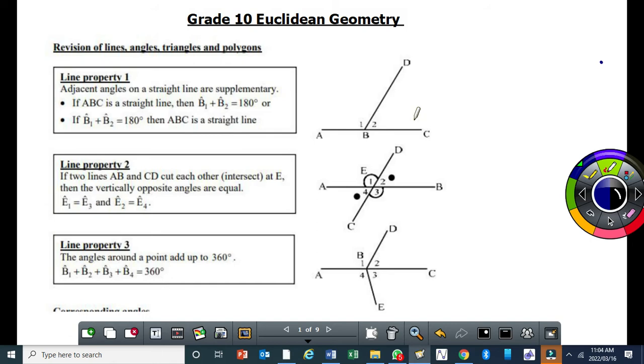Whenever you write a statement or an equation, you must give a reason. So the reason for this, generally, we write it as angles on a straight line.